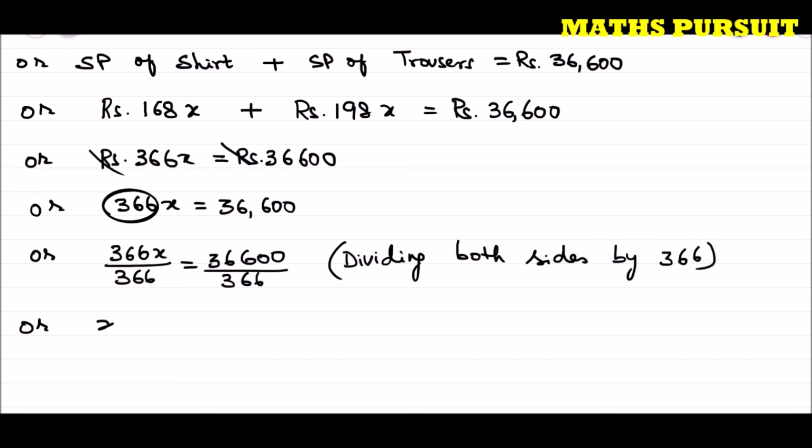This 366 cancels out. I can write now x is equal to 100. How 100? 366 divided by 366 is 1, so 100 is left. So we got the value of x as 100.